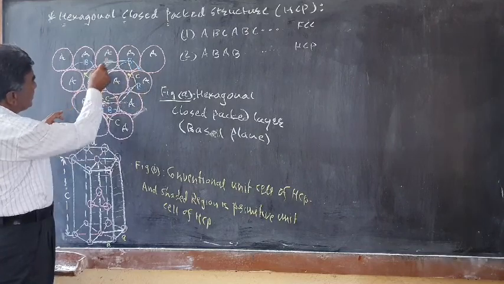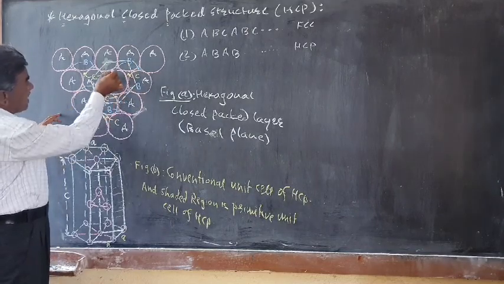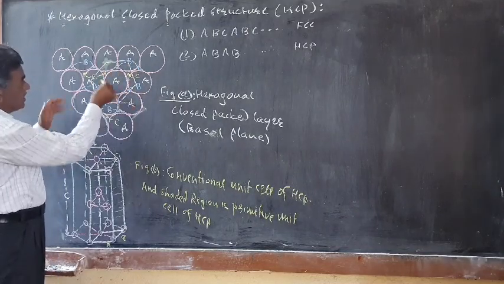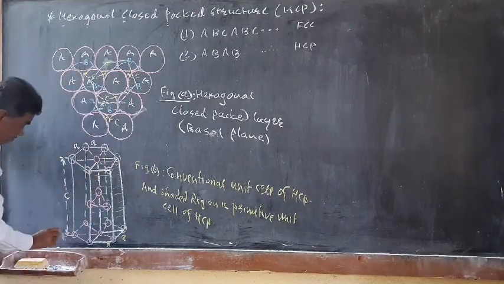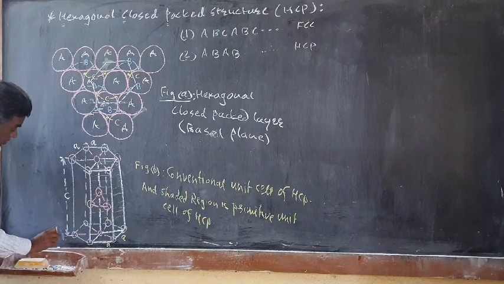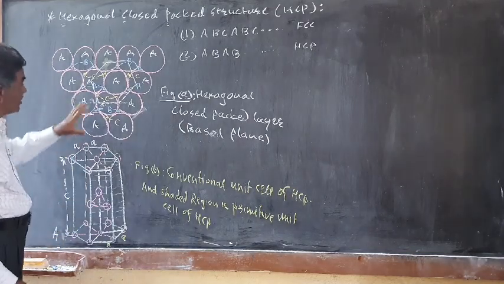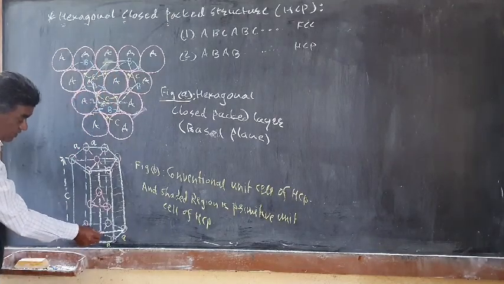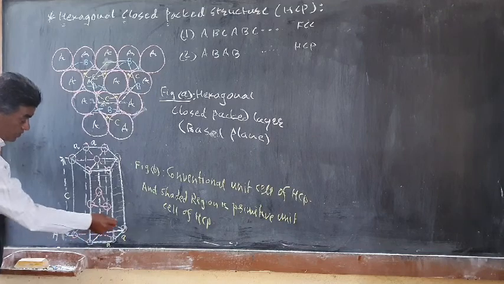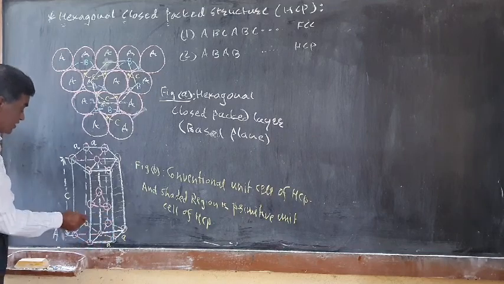So we get six faces like this, and this sphere is touching six others. In this we will consider one layer, suppose this is the A layer we have considered in order to build the conventional unit cell in the structure. This is the basal side. This is one sphere, or atom, which is surrounded by six other atoms.